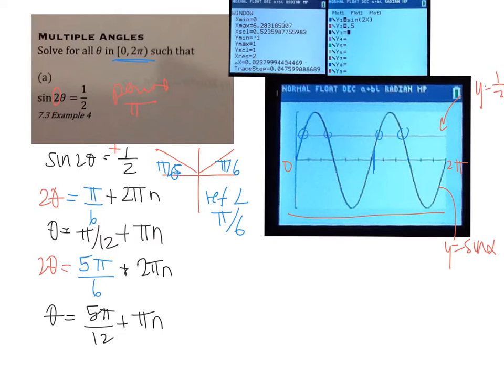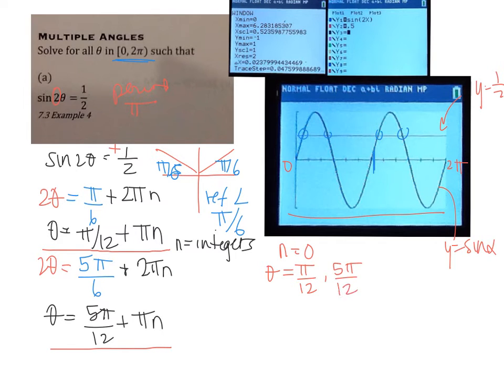So now I'm focused on theta itself, and recall from example 1, from the linear methods, that we define n for all integers. So I'm going to start letting n take on some integer values, and I'm going to start with n equals 0. So if n is equal to 0 in this equation here, I know I have a value of theta that's equal to pi over 12. And if n is equal to 0 in this second equation, I know that theta has a value of 5 pi over 12.